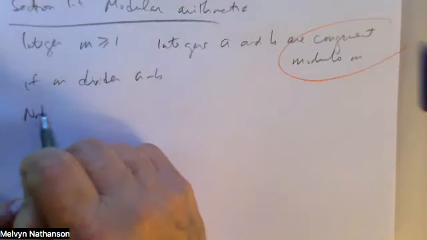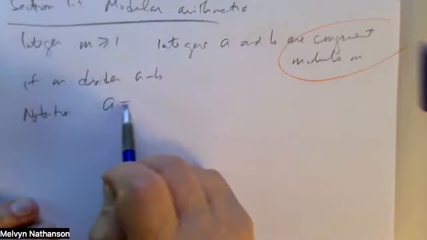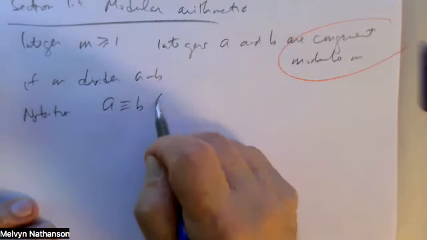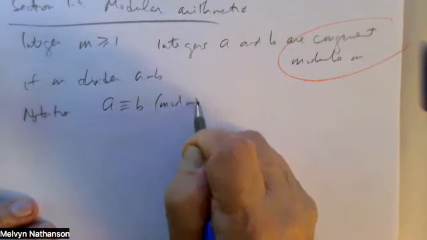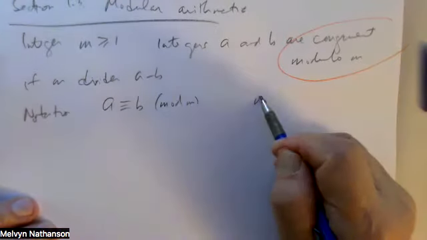And the notation is a, three lines, is congruent to b mod m. So m is called the modulus.